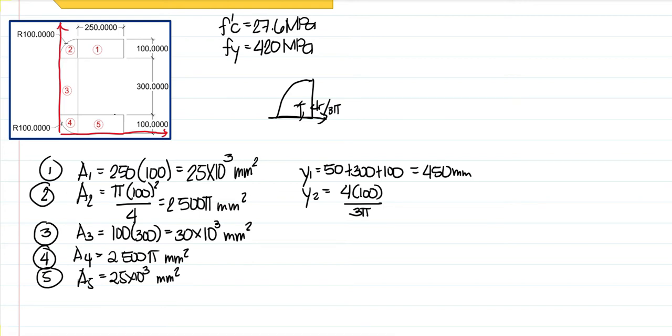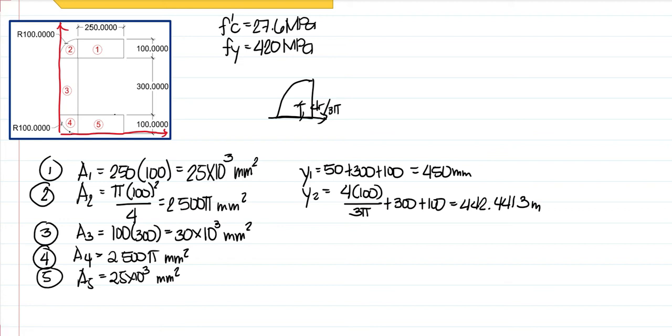Siyempre, kailangan mo siyang papuntahin dito sa axis na to. So, i-add natin si 300 and si 100. So, that is 4 times 100 divided by 3 pi plus 300 plus 100. So, that will be 442.4413.